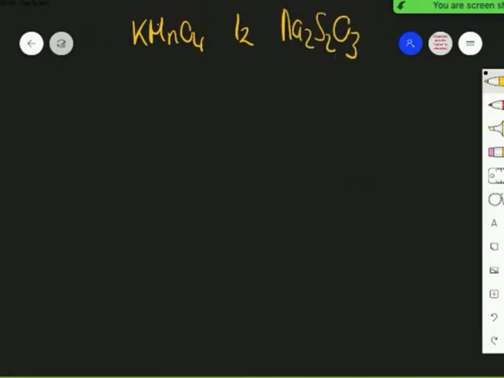Na₂S₂O₃. So you have to figure out what are the things that I'm going to need to be using in my titration, and this is going to tell you. There's no mention in this of a concentration of iodine or a volume of iodine. So the numbers that I have are the 25 cm³. So we have the V, the M, which is a C, and we have our n.